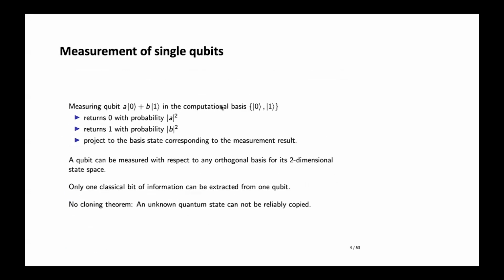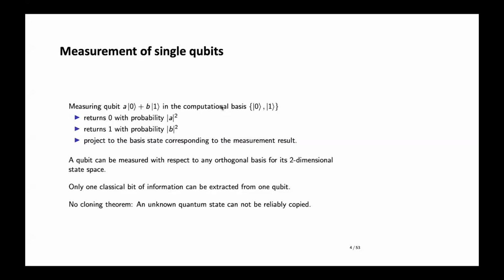So we saw the last time how we measure a single qubit, and we saw that measuring this superposition in the computational basis 0 and 1 returns 0 with probability a squared, returns 1 with probability b squared, and projects to the basis states corresponding to the measurement results. And what is the story here?